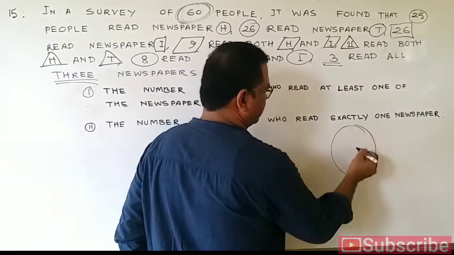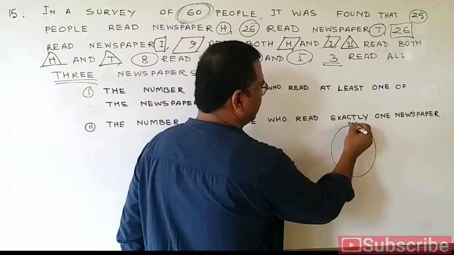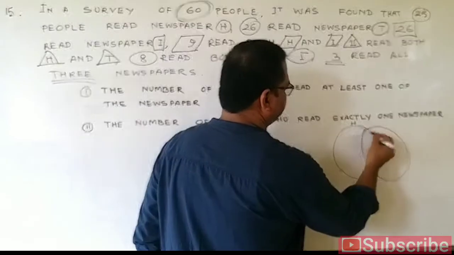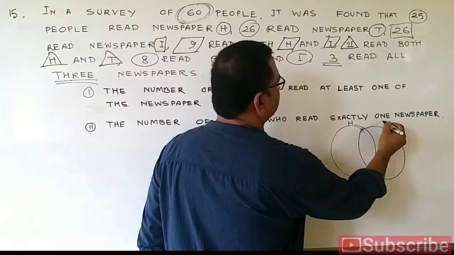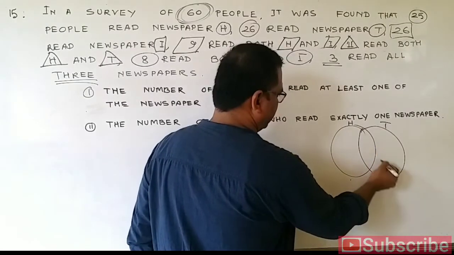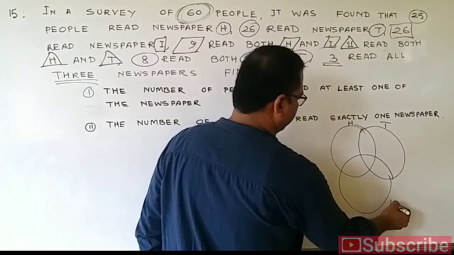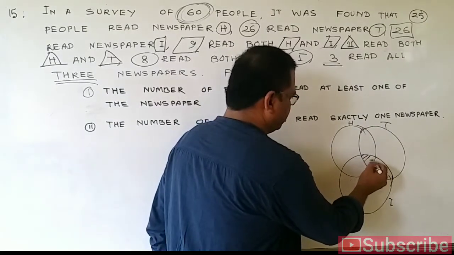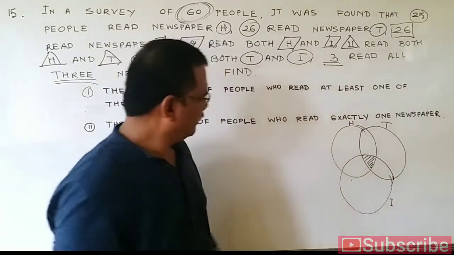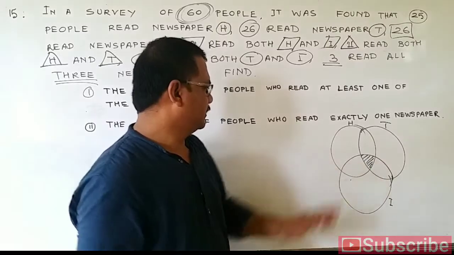First, suppose these are the people who read newspaper H, some people who read paper T, and the third paper is I. These people represent those who read all 3 papers.